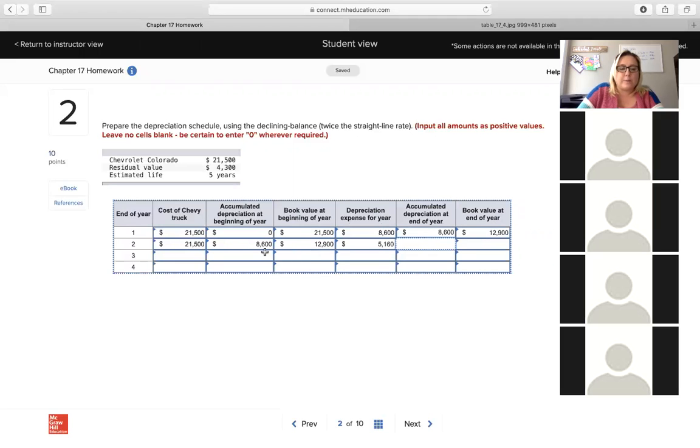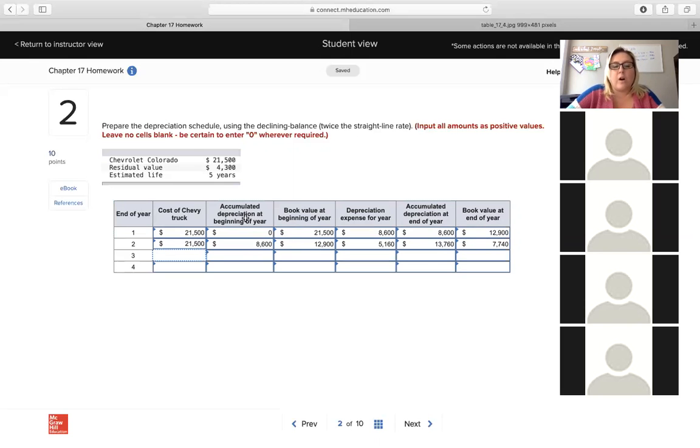Take your accumulated depreciation at the beginning of the year and add your depreciation expense for the year to get accumulated depreciation at the end of the year. Book value at the end of the year is your cost, $21,500, minus accumulated depreciation at the end of the year, $7,740.